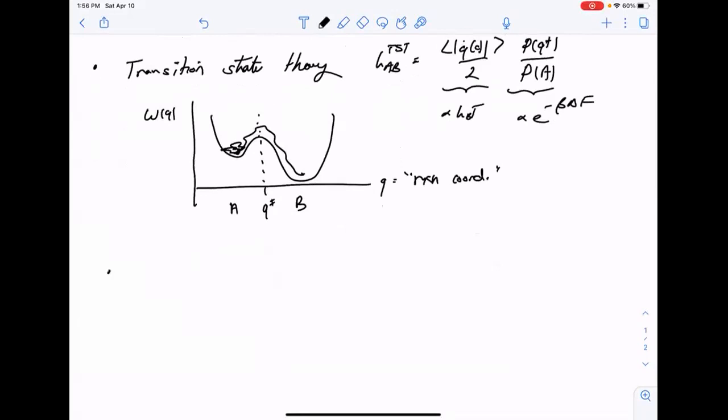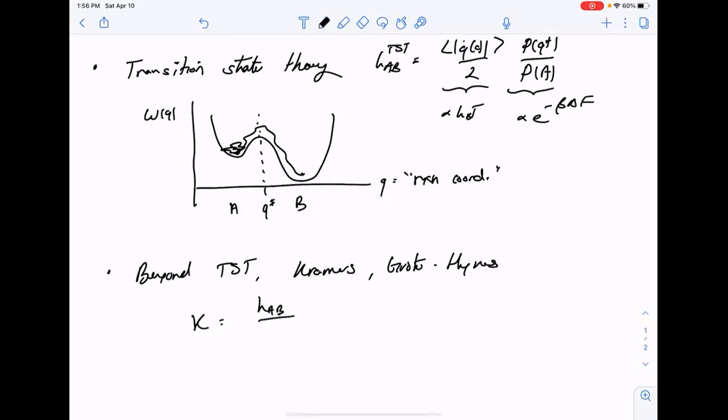And we spent then a lecture discussing how to relax transition state theory, invoking things like Kramers theory and Grote-Hynes theory, which are theories that model the dynamics at the top of the barrier in different ways as a means of computing kappa, the so-called transmission coefficient, which with the transition state theory estimate will give you an exact estimate of the rate.